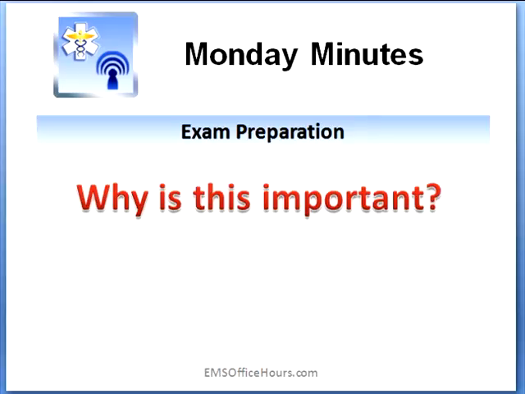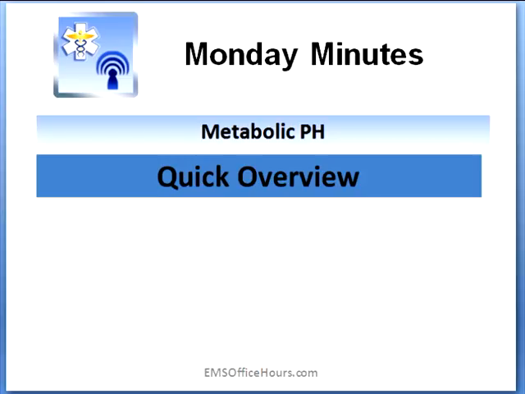This week, we ended last week with the respiratory acids and bases and pH, and this week we're going to finish it up and talk about the metabolic pH. And again, this is a quick overview because I can't go too deep into this content. This is sort of an hour-long presentation all by itself.